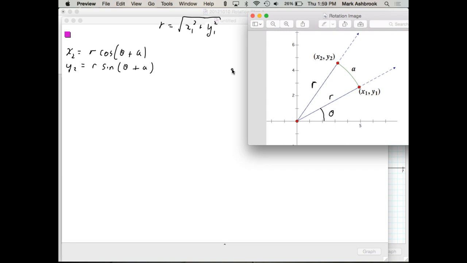Any ideas? So x2 and y2 are dependent on what? Our theta and our A angle.